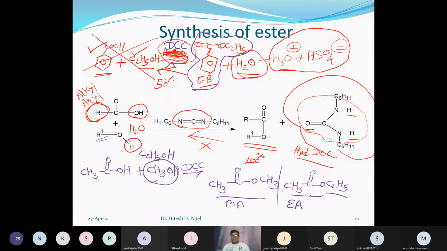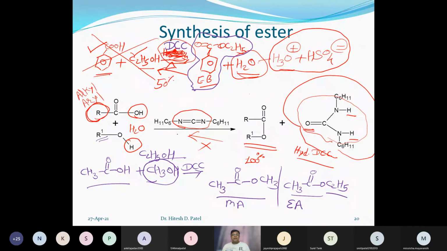In the exam, they may ask you to give the preparation or method of synthesis of ethyl acetate using DCC. Then you have to start with acetic acid and ethanol. If they ask for the synthesis of methyl acetate using DCC, then you have to write acetic acid plus methanol.